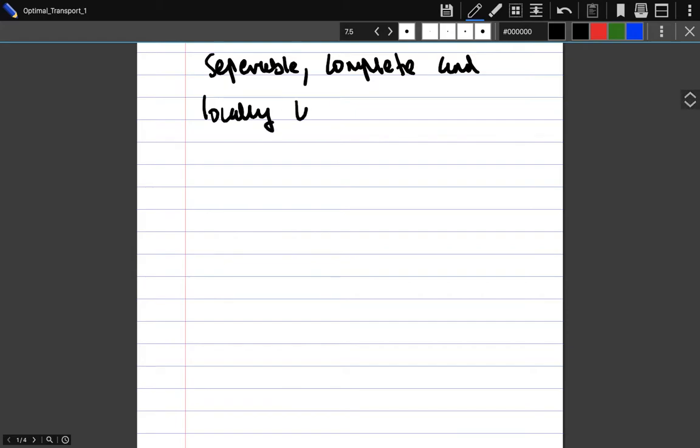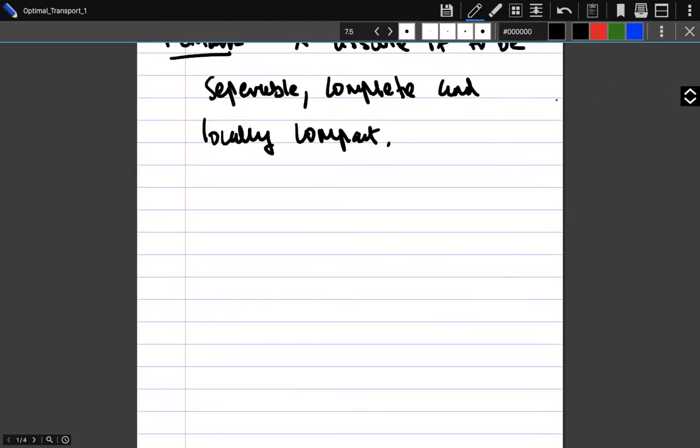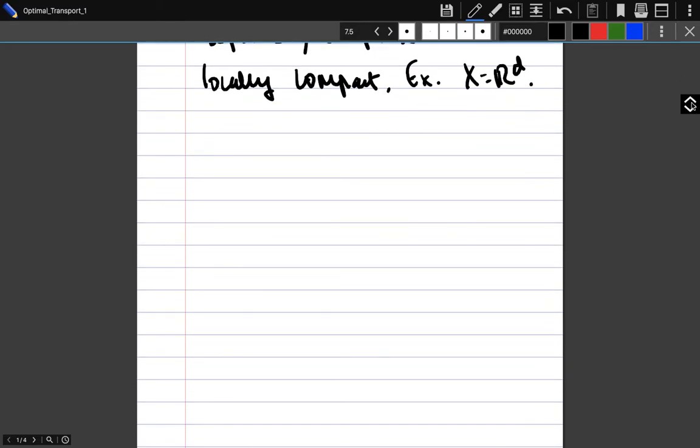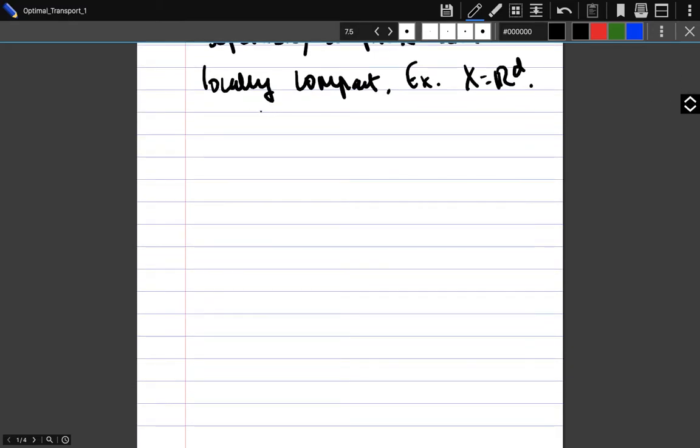Of course, these are just simplifications that you make in order to make the proofs nice, but you don't need to do that. And if things sound too complicated, just think about the usual Euclidean space.